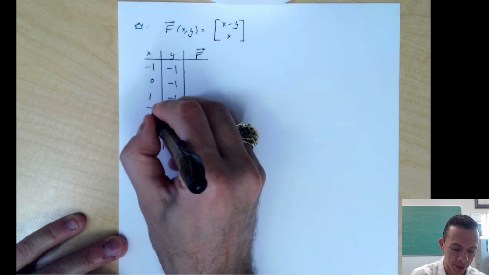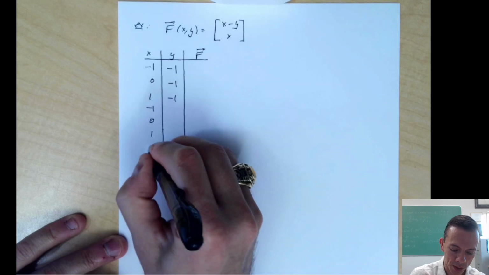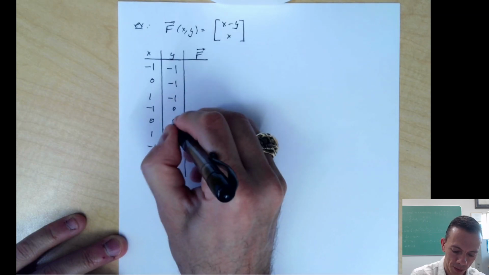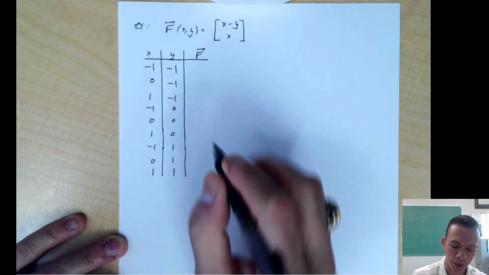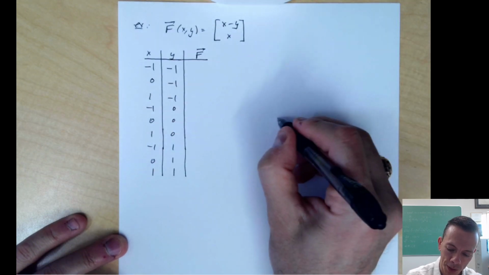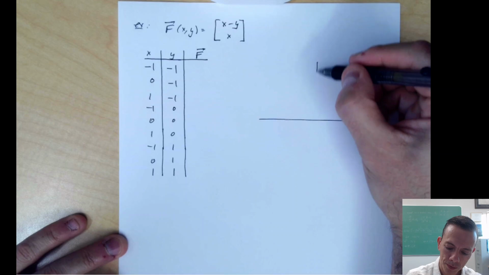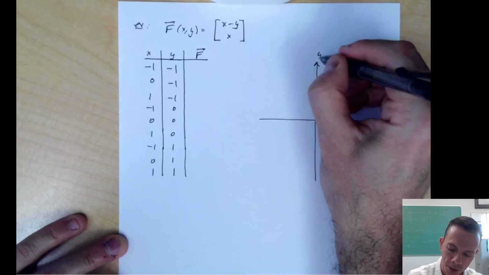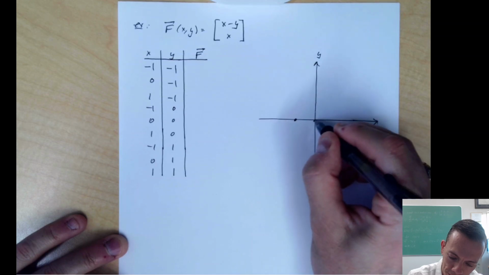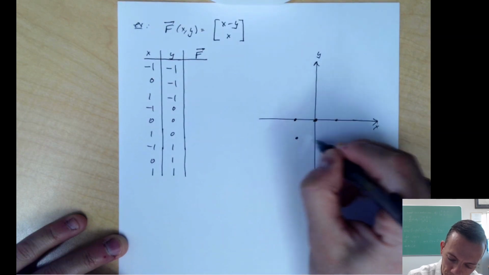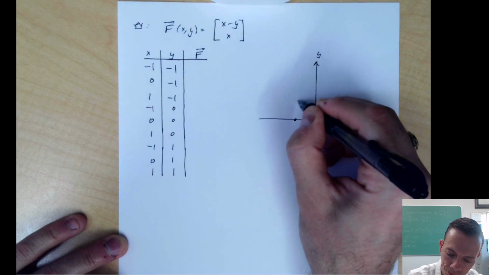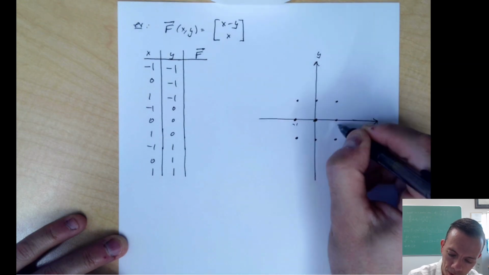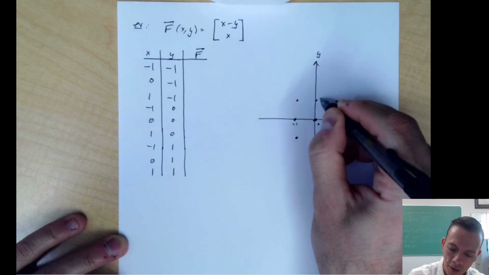-1, -1, 0, -1, 1, -1, 0, 1, 0, 0, 0, 1, 1, 1. So you see these 9 points here are 9 points located on a grid in the xy plane, from -1 to 1.